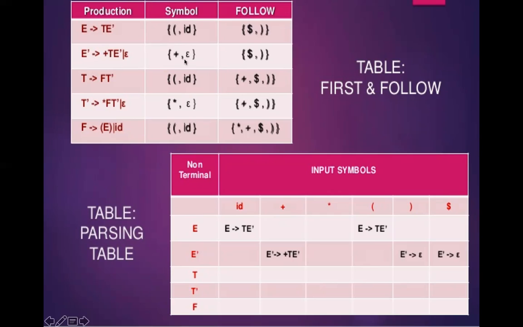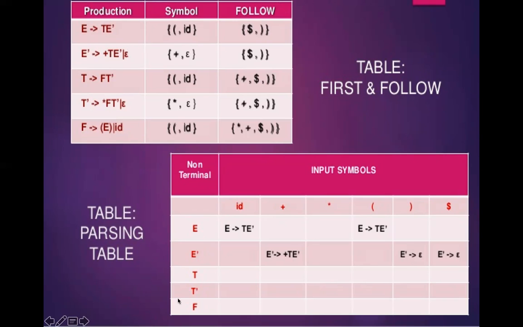If we got the epsilon in E dash in first, we need to take care of dollar also, and under the follow we need to fill E dash tends to epsilon, the second production rule.